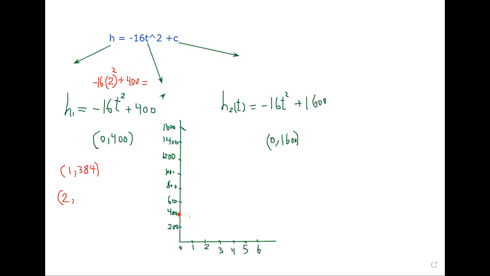We have 4 times negative 16 plus 400. So the answer will be 336, right? 336. Then 5 and what?